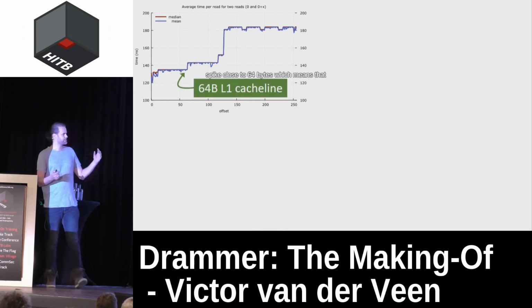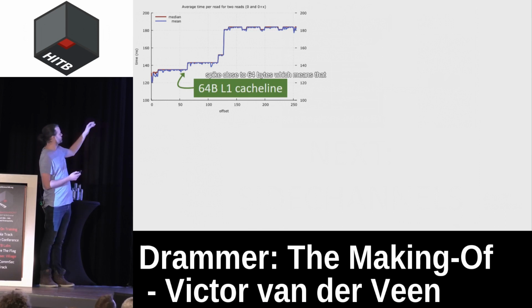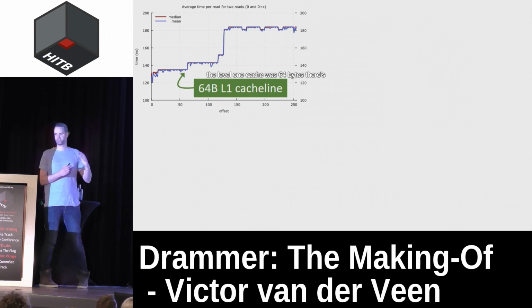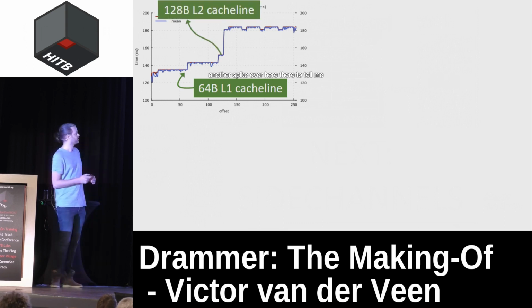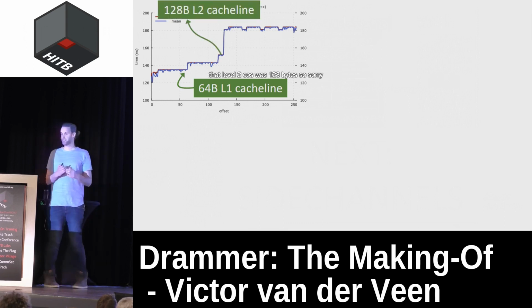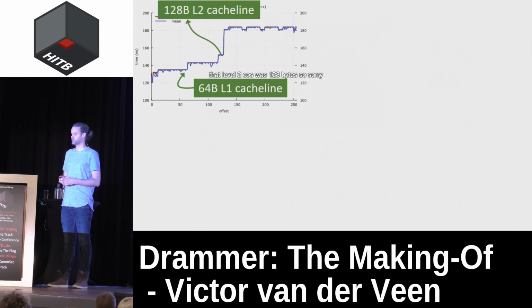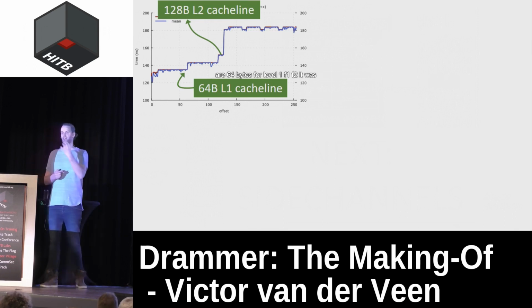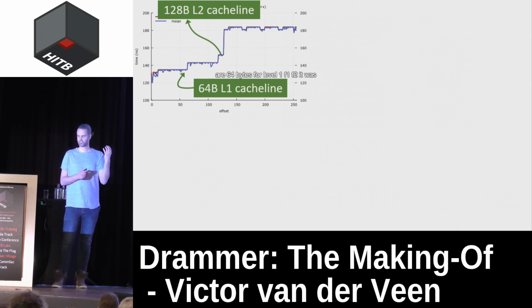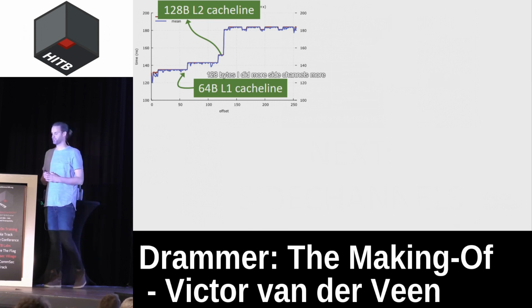And what you see here is that there's a spike close to 64 bytes, which means that the level 1 cache line was 64 bytes. There's another spike over here that would tell me that level 2 was 128 bytes. Sorry, I'm not saying this right. So the cache lines are 64 bytes for level 1, and for level 2 it was 128 bytes.